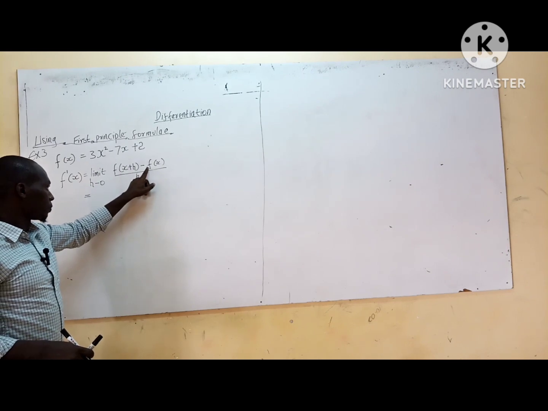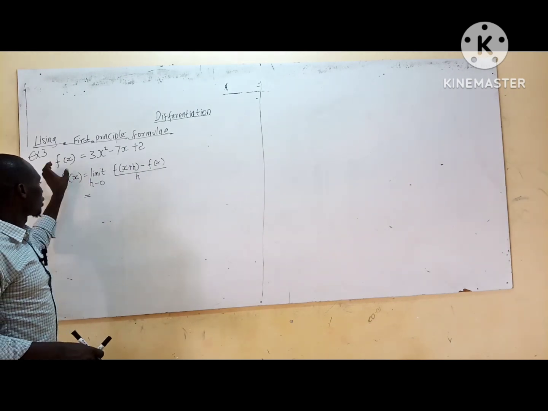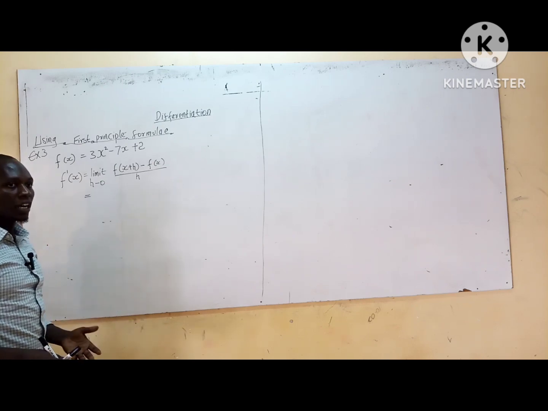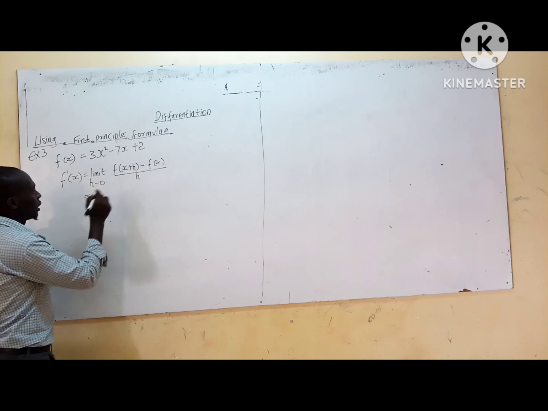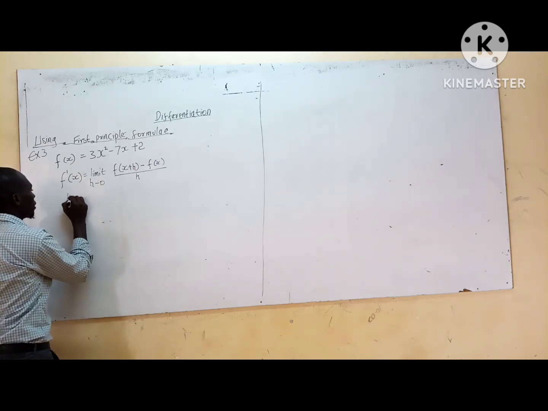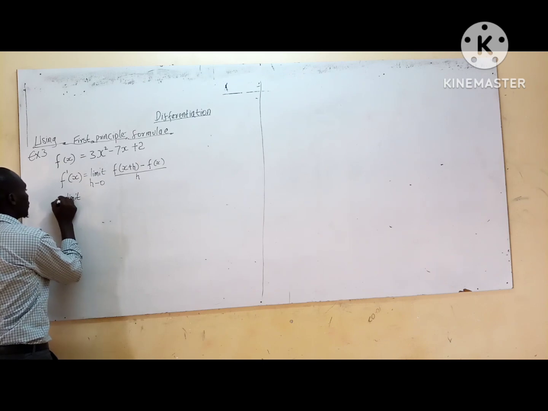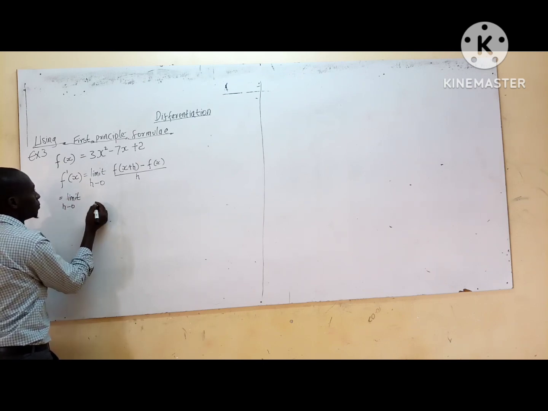And then we subtract the function f of x given in the equation, all over h. So here we are going to have the limit as h approaches 0.